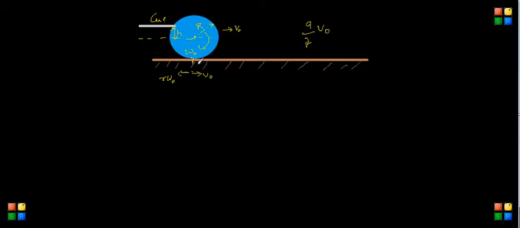It's always the tendency of the frictional force, which gets introduced because of the imbalance of r omega naught and v naught, to make the motion that of pure rolling. Just understand that friction is a god. It's a god which always decides and wants the motion to be that of pure rolling.